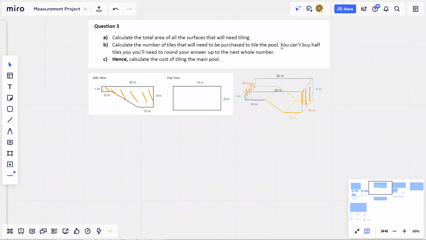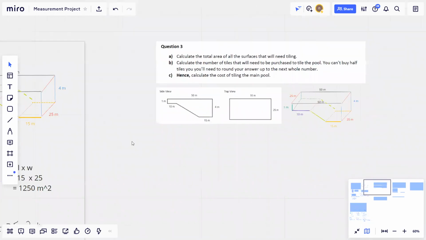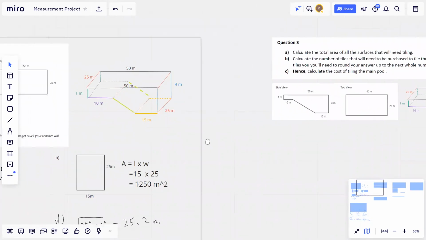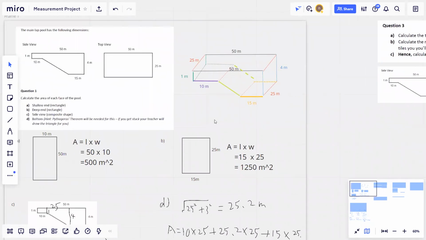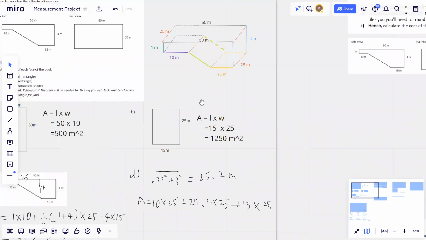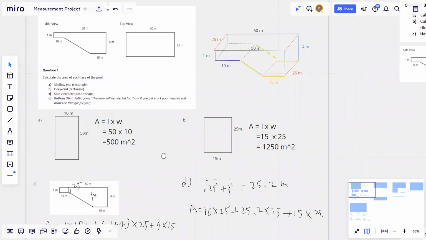So for the base and for the side view, let's go back a little bit to question 1. For the base, for the bottom, I haven't got the bottom area for you guys, but you know how to do it. Use the base plus the side view.